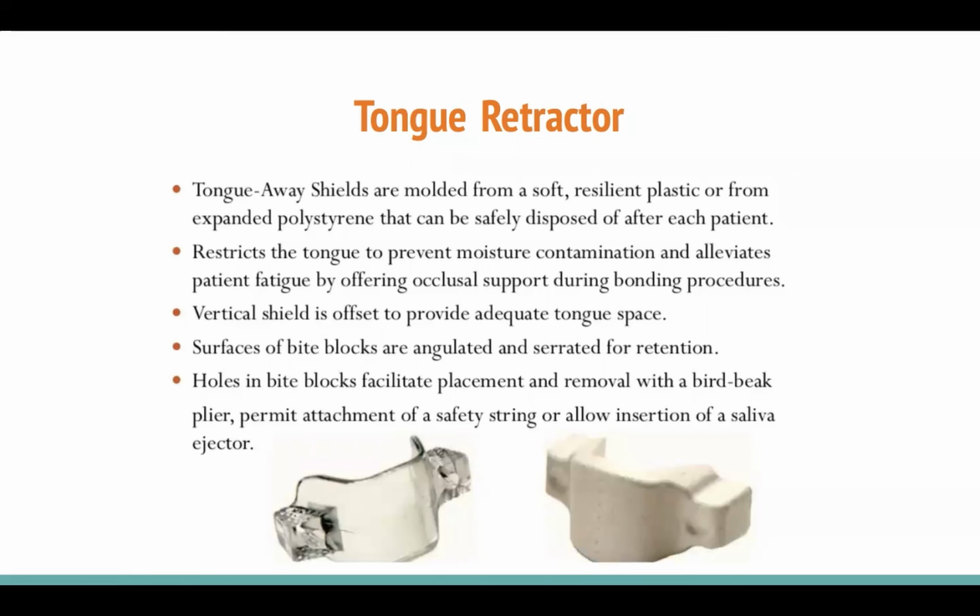So the tongue retractor usually comes with a mouth prop, right? So it works as a mouth prop and a tongue retractor. It helps the patient relax on it while the tongue is not coming into position.